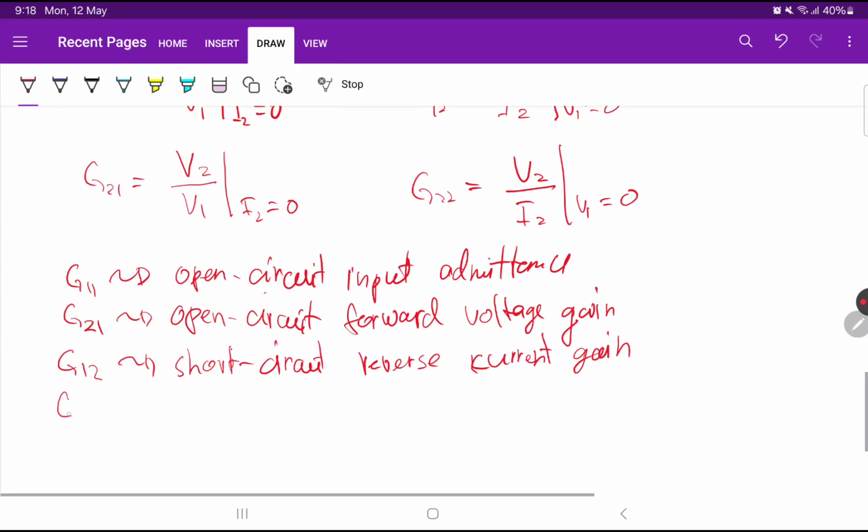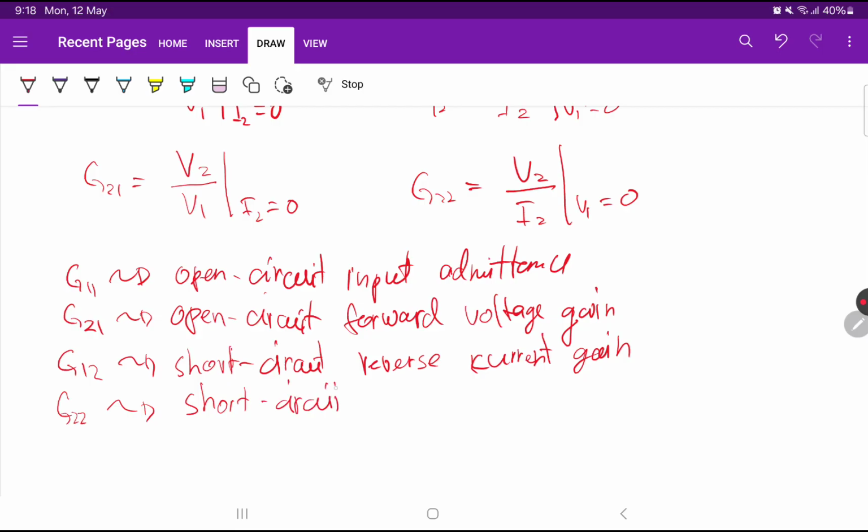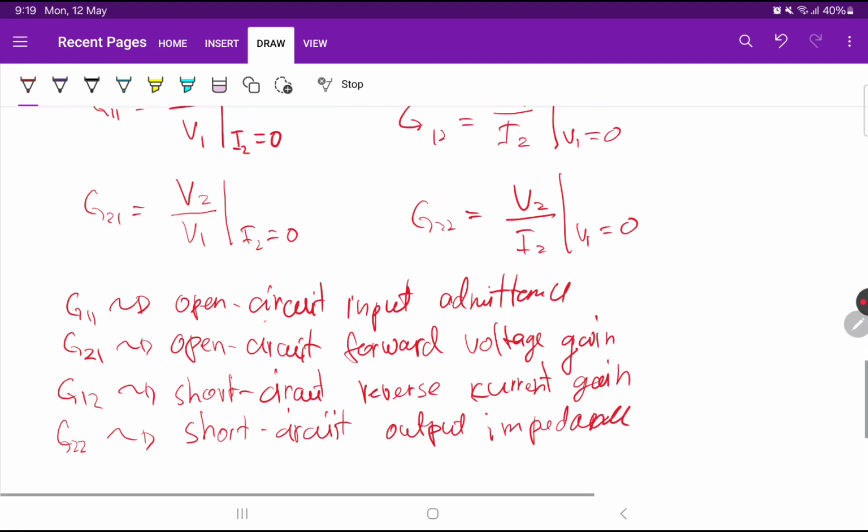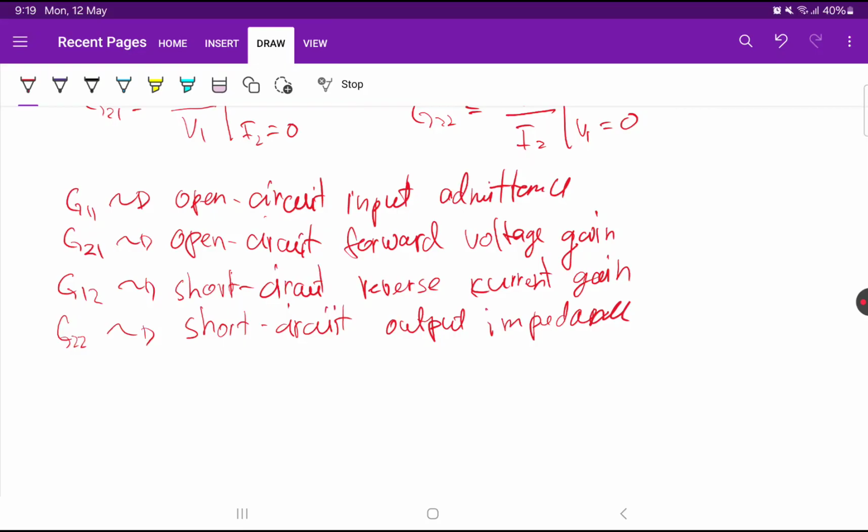And for G22, it's a short circuit also, but it's an impedance. So short circuit output impedance. So these are the different parameters for H and G parameters, the hybrid and the inverse hybrid parameters.